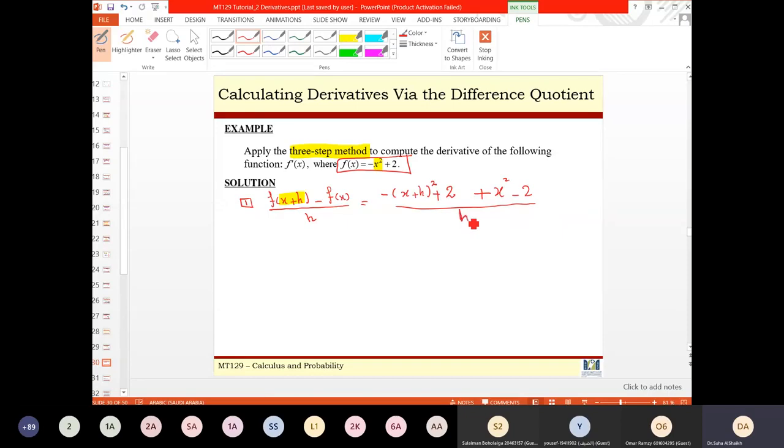Are you getting that? In the function, I remove the x and put x plus h in its place. This is substitution. This is f of x plus h. Instead of the function minus x squared plus 2, it became minus x plus h squared plus 2.